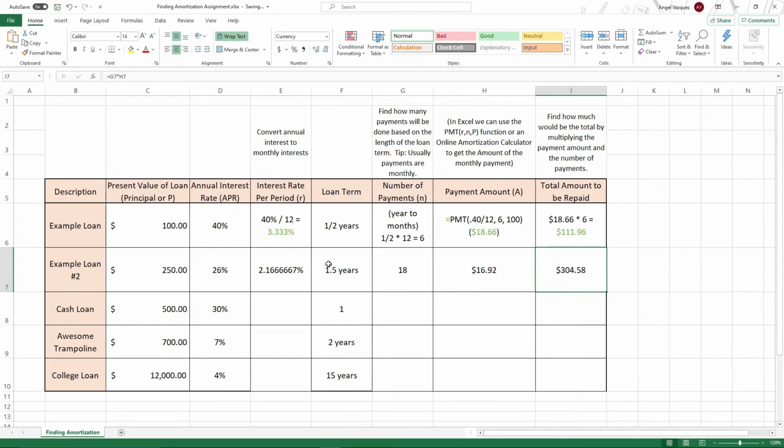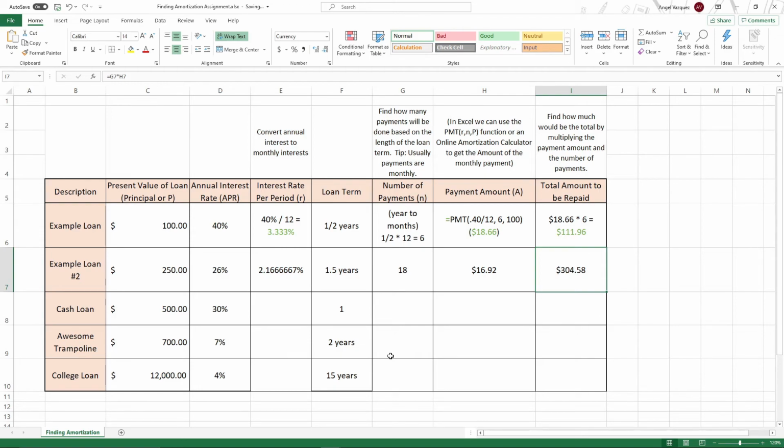Now remember, whenever you're doing the rest of these, make sure that you convert the APR to a monthly interest rate by dividing over 12, not by anything else, okay? And for the number of payments, since usually you pay for a loan every single month, and what we're giving you here is years, you need to transform those years into months.